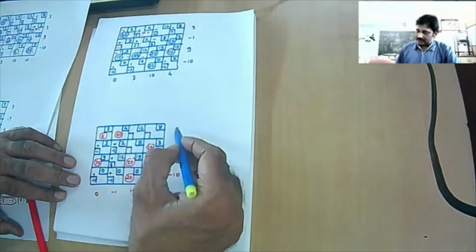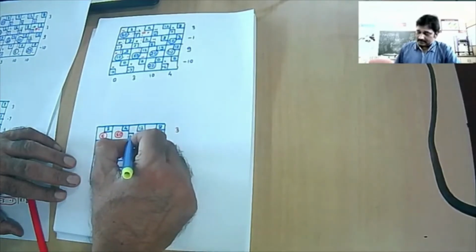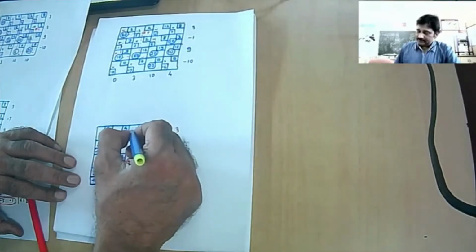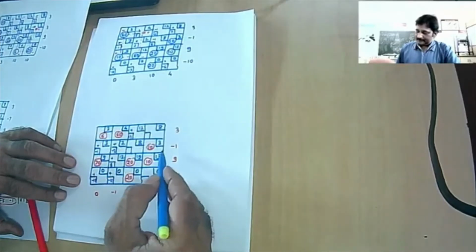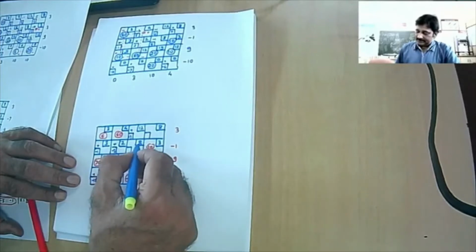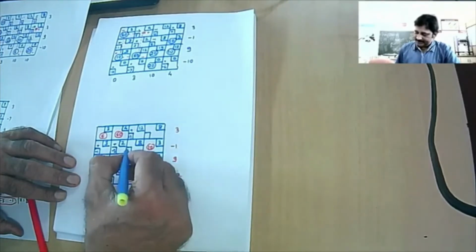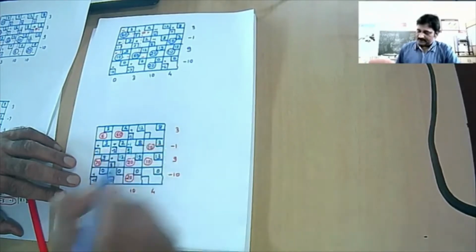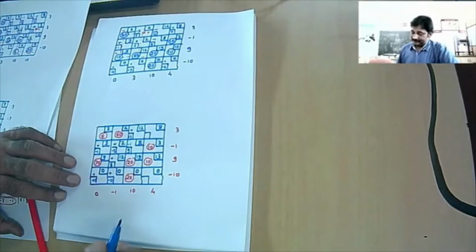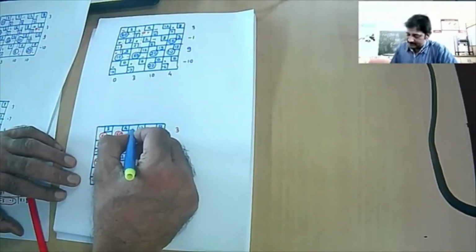Then 13. So here it's 1, positive again. Then what's this? 9, 8 minus 1. So this is 9 here, and here is coming out to be minus 1. Here also it was 12 minus 13, which was minus 1.